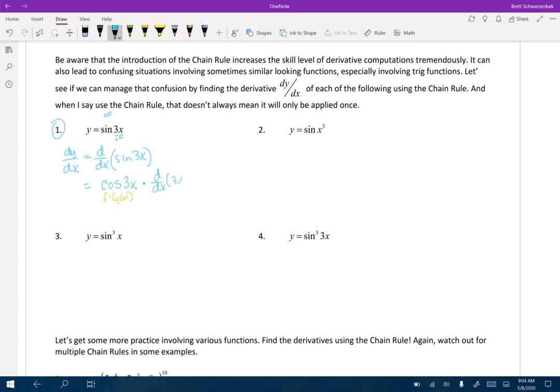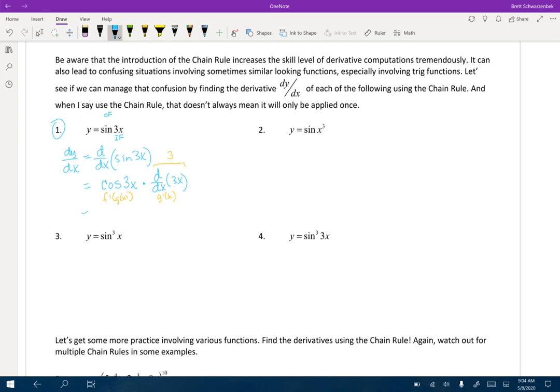Remember when I told you in product and quotient rules that even though you're not going to want to, you better write this out? It even gets worse now. Don't skip writing this step out. Make sure you write d/dx of the inner function when you go about doing this. So this is g prime of x. And I am fine if you're writing this out, doing the shortcut, and just writing 3 as the derivative.